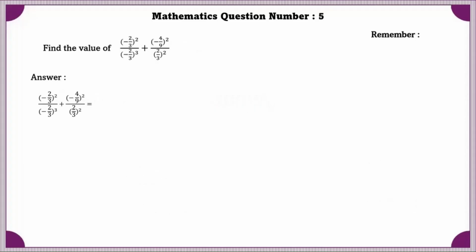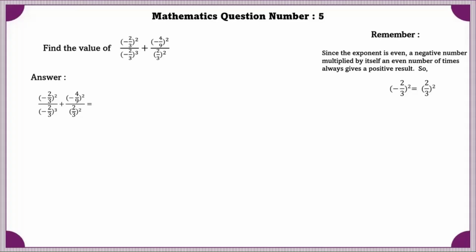Question 5. Find the value of (minus 2/3) to the power 2 divided by (minus 2/3) to the power 3, plus (minus 4/9) squared divided by (2/3) to the power 2. Since the exponent is even, a negative number multiplied by itself an even number of times always gives a positive result.